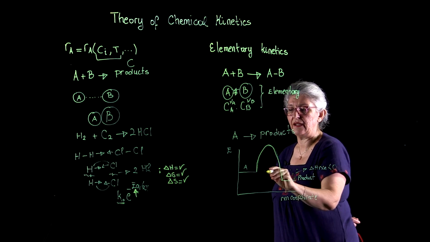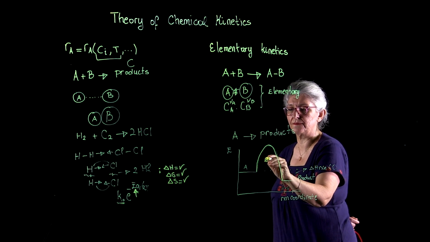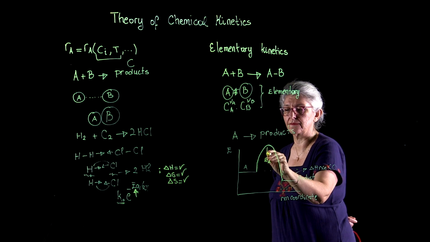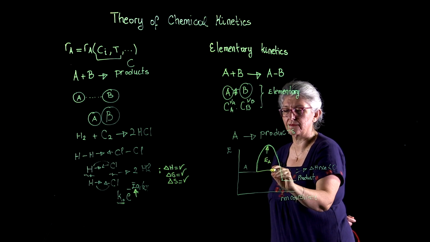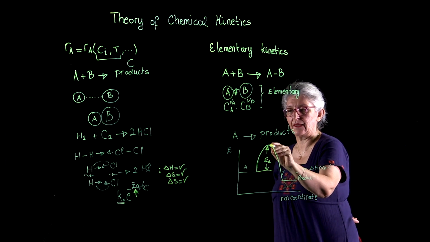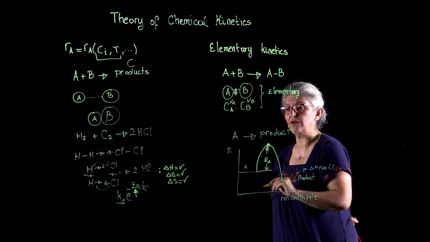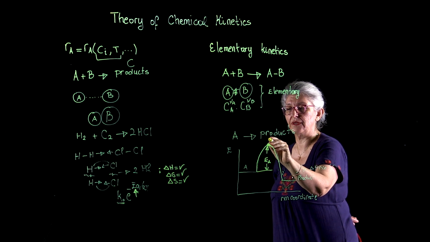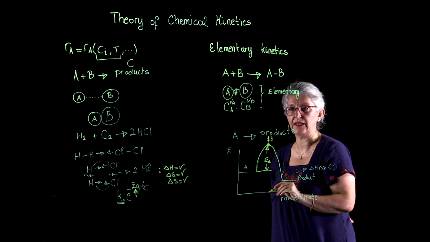Okay. This activation barrier is the energy required to form a transition state that we indicate by a double dagger.